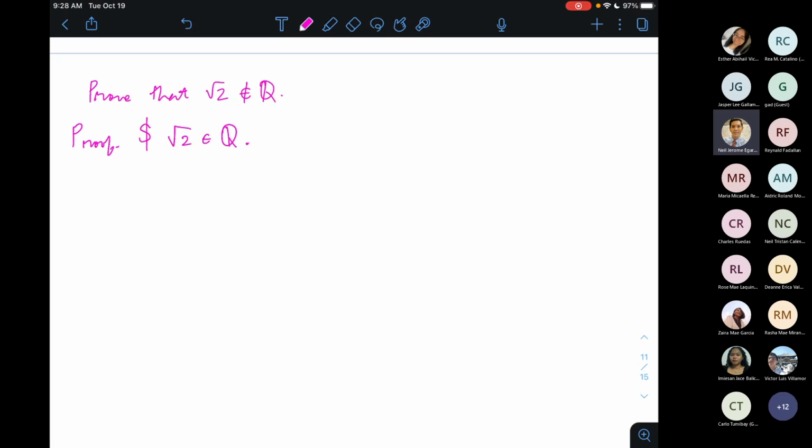Okay. Now, with this supposition that square root of 2 is rational, ano yung pwede kong sabihin kung totoo nga itong supposition na to? Mary Mitzi, any suggestion? What could be my next line?